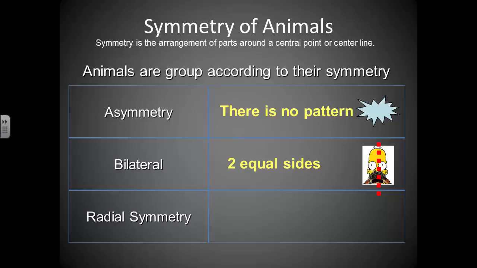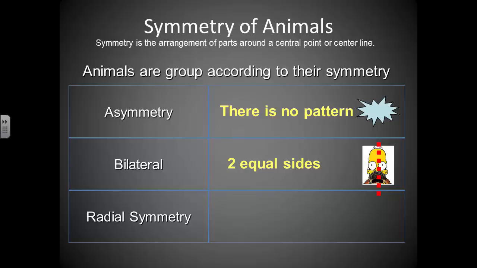Sometimes people say, my right eye is a little bit higher than my left eye, or my ear on my right side is pierced, not my left side. So it doesn't mean identical. It means the overall pattern. I have an eye on each side and ears, so overall it's two equal sides.